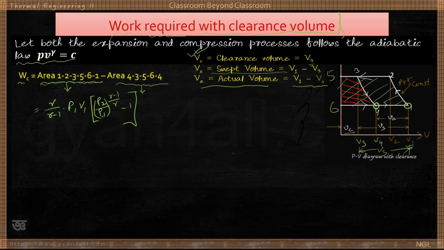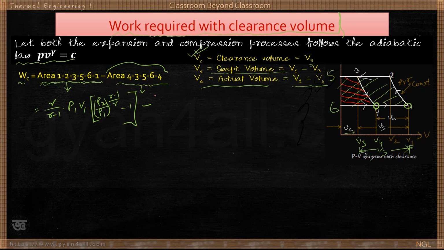That means this is like a single stage compressor without clearance volume, minus this area. So minus, it will be the same 3, 5, 6, 4.